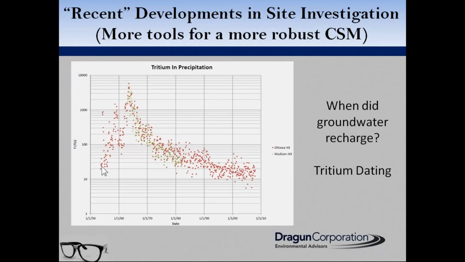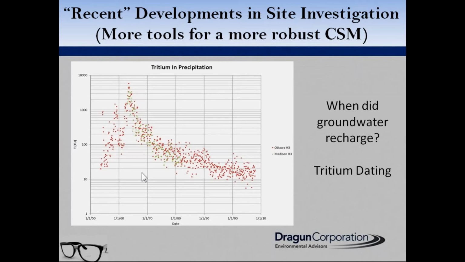In the early 50s, there was very little tritium in precipitation. That's what we call natural tritium. It was thought to be less than 25 tritium units. And a tritium unit is a special unit, which is 1 tritium atom in 10 to the 18th hydrogen atoms.